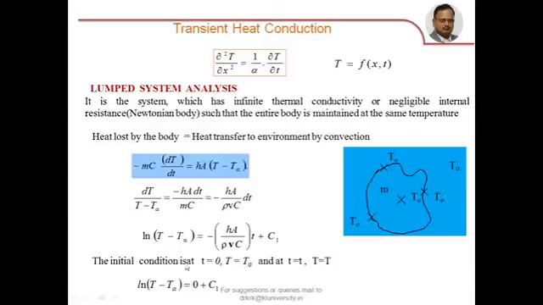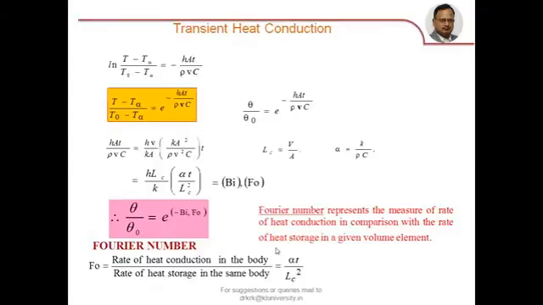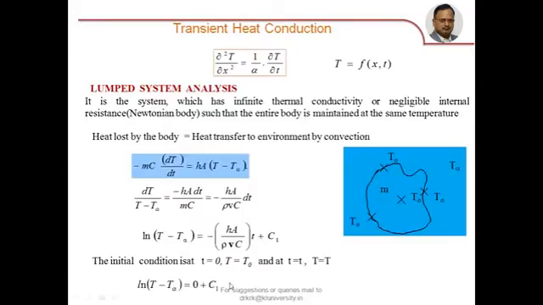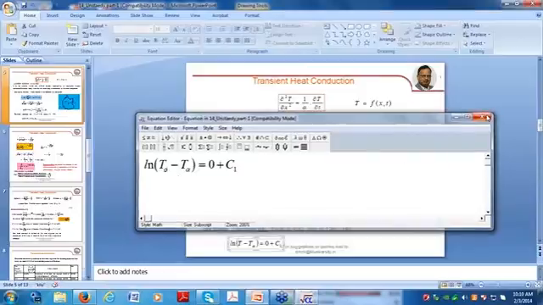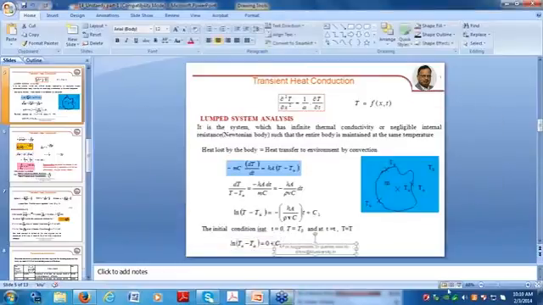Now by substituting this initial condition, logarithm of (T0 minus T alpha) equals minus hA by rho V C into 0 plus C1. Therefore the C1 value becomes logarithm of (T0 minus T alpha).